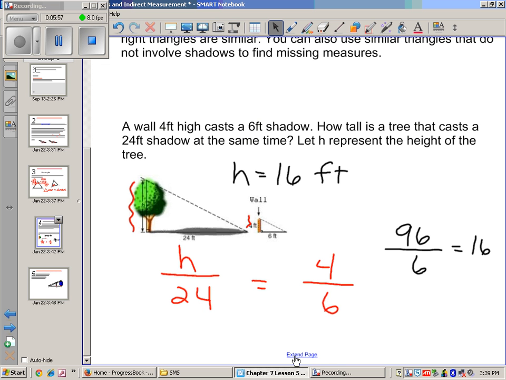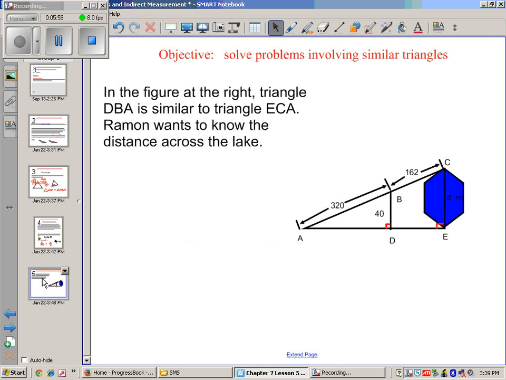Okay, let's take a look at another real-world example. In the figure at the right, triangle DBA is similar to triangle ECA. Ramon wants to know the distance across the lake. So we're looking for D, the distance across the lake. As you see, we have our two triangles here, one inside another.